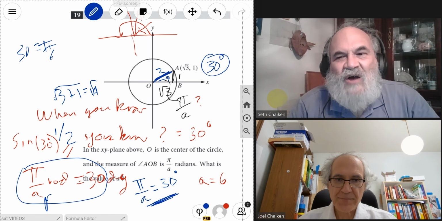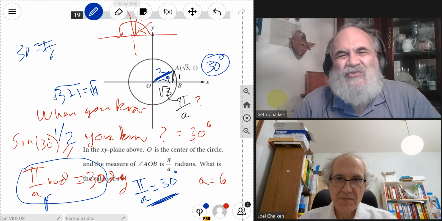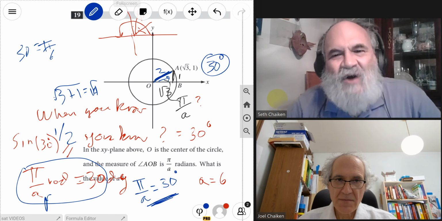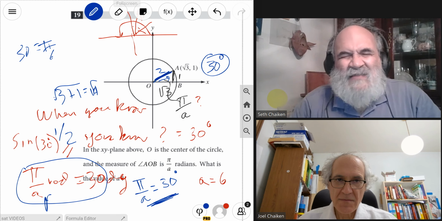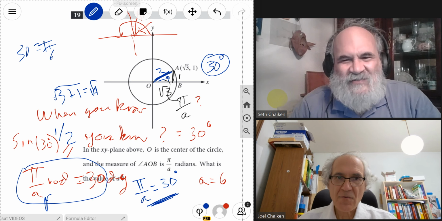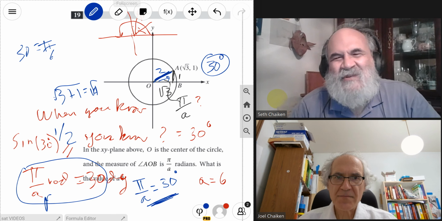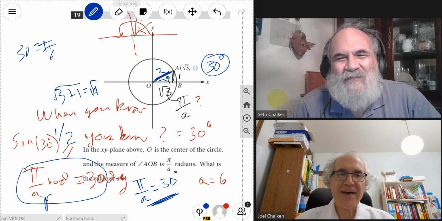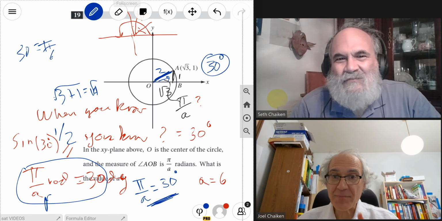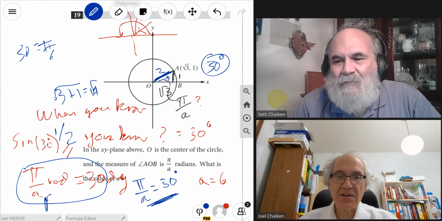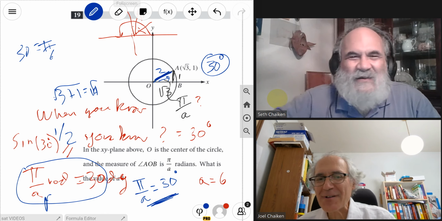So sometimes I'd also start by thinking that the measure of the right angle is pi over 2 radians. And then 30 degrees is 1/3 of that number of radians, which gives you a sixth. That's a great way to think about it, but it does require people to know that pi over 2 is 90 degrees, which again is probably common knowledge.